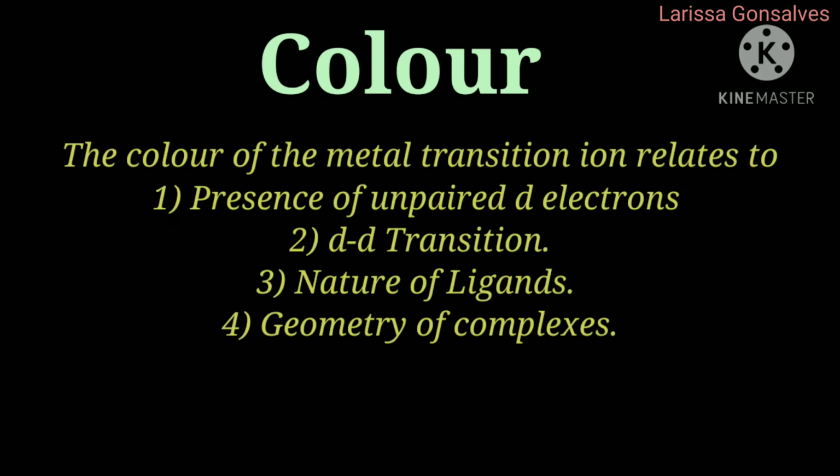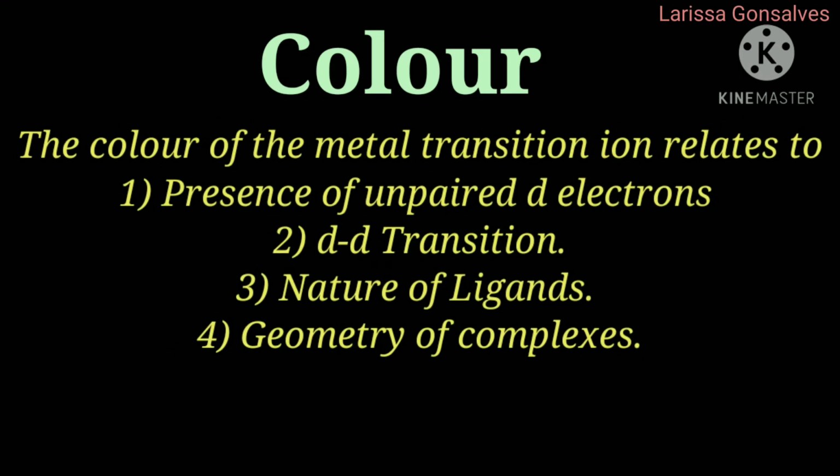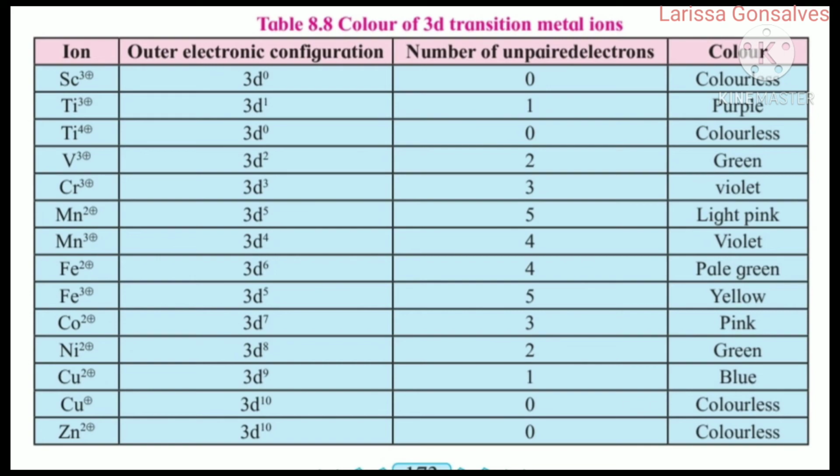So in short, you can say the color of the transition metal ion relates to the presence of unpaired d electrons, d-d transitions, the nature of ligands attached to the metal ion, and the geometry of ions formed by the metal ion. Here is a table which gives information regarding the color of 3d transition metal ions.